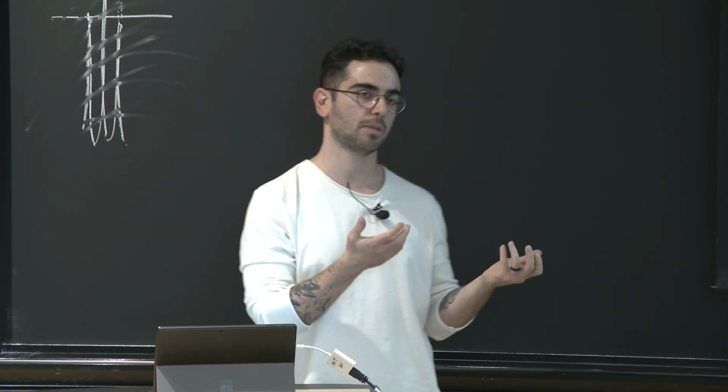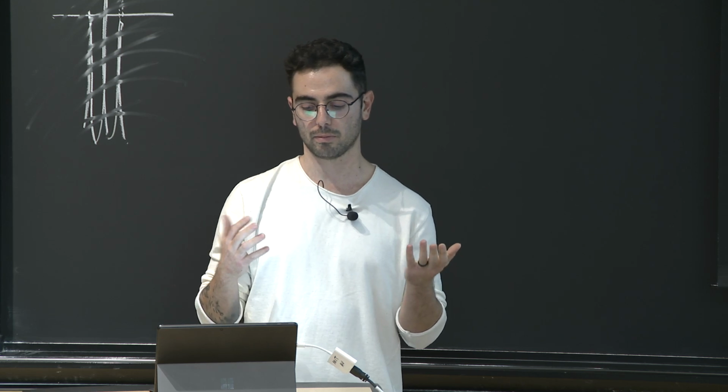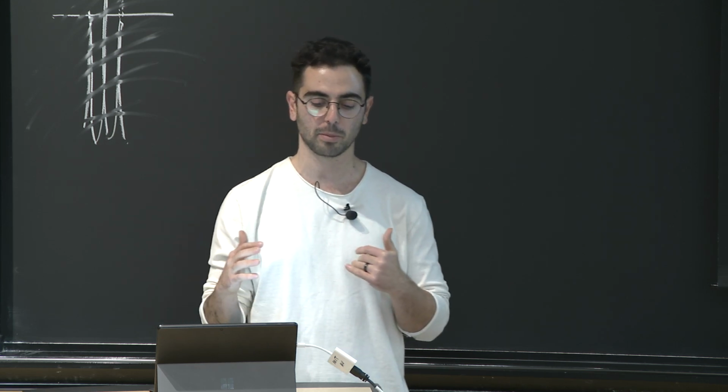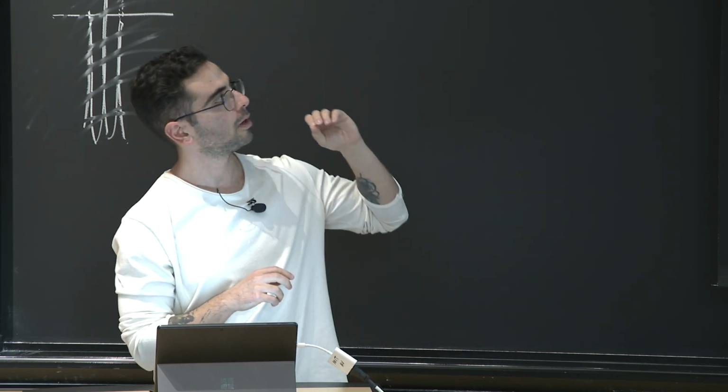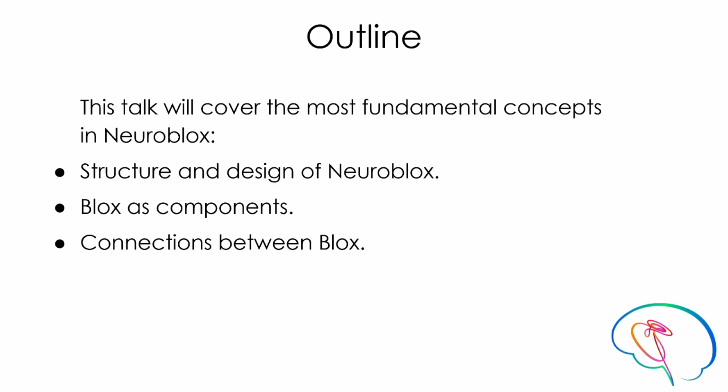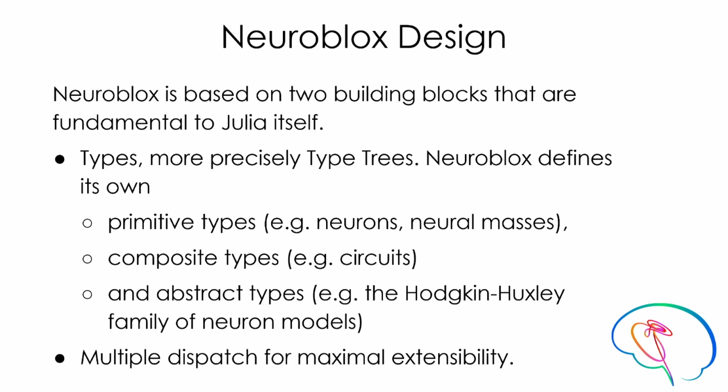Exactly how I said before that types and multiple dispatch are the core in Julia. There's not a one-to-one mapping because we will see custom types in both blocks and connections, but multiple dispatch is mainly exploited by connection rules. So, as I said, we have the types and multiple dispatch, and when I talk about types, I mean in particular type trees.